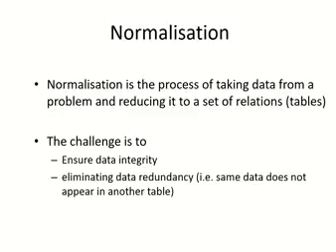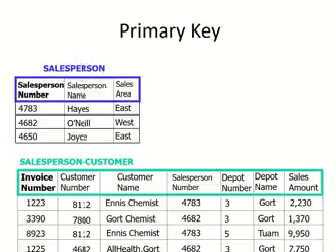So just looking then at some of the concepts that we're going to need to work through normalization. The primary key is one, and we have used this. We are familiar with this, and the primary key is a quality with a particular field.